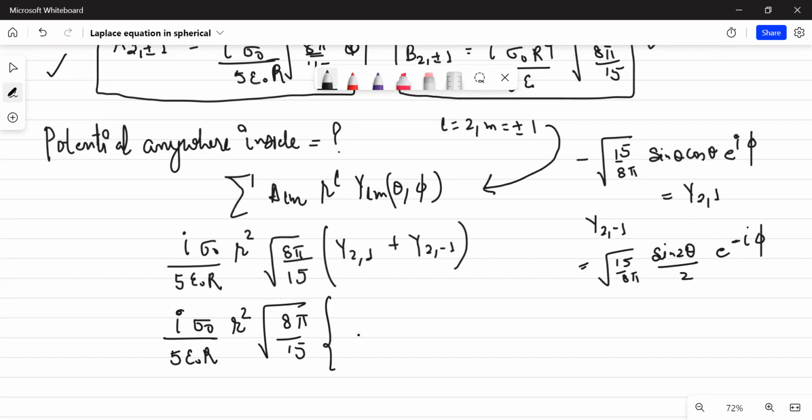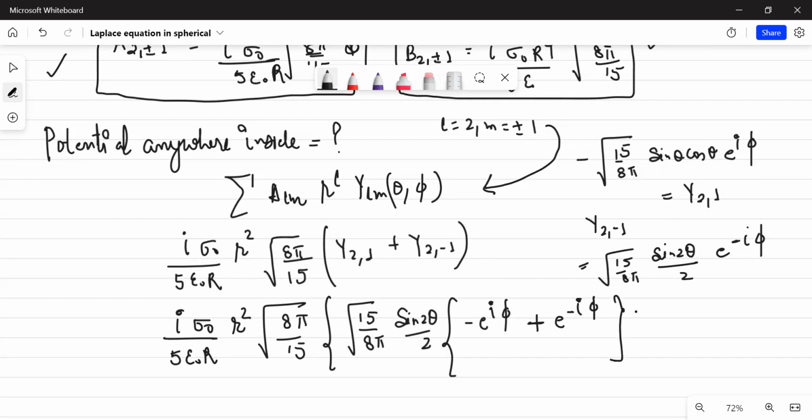And again, if you write it as root over 15 upon 8 pi sine 2 theta upon 2, this is something very common I've written. What I can do, I can write it as minus e to the power iota phi plus e to the power minus iota phi. No, sorry. Is that so? Okay, okay, that is fine.